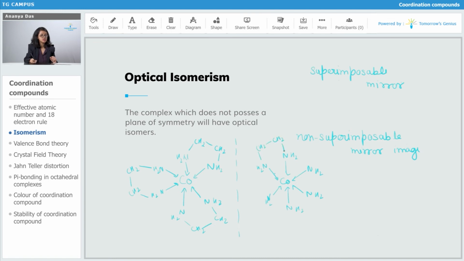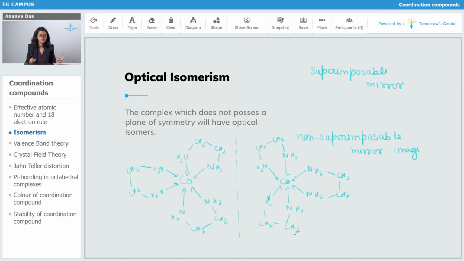So this is the mirror image. Now you will be able to see that if I take the mirror image and put it over the original complex, they will be non-superimposable. So this complex is optically active.